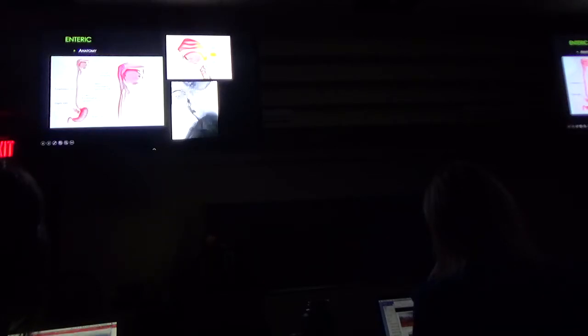All right, enteric. So, I obviously did not specialize in GI. I have done very few gastric lines because that's something in the ER you really don't do.